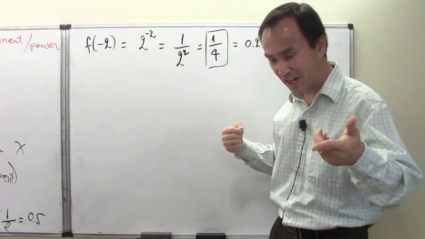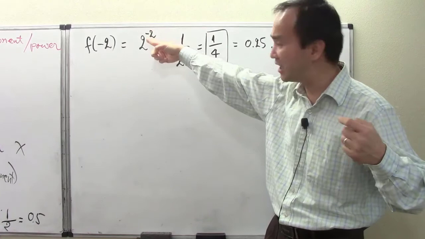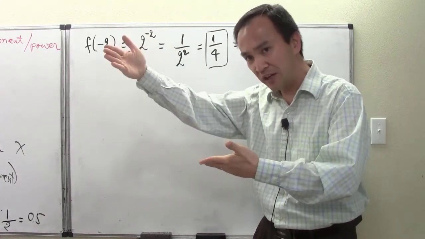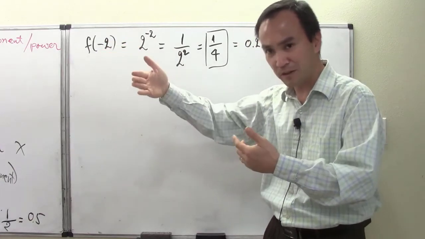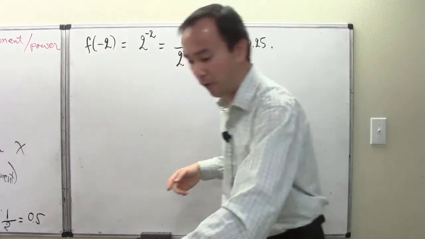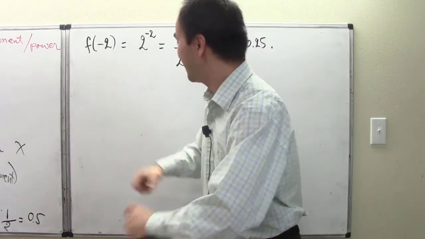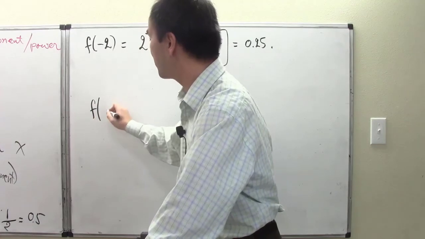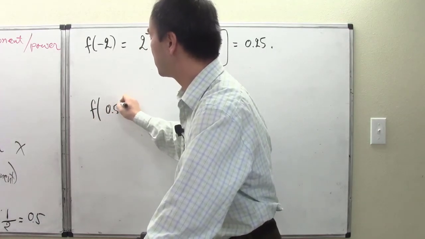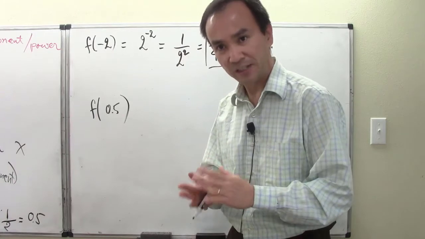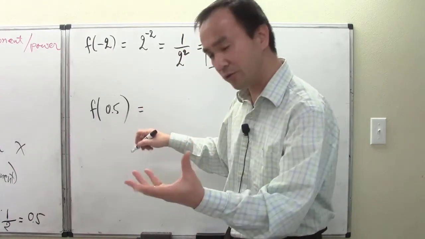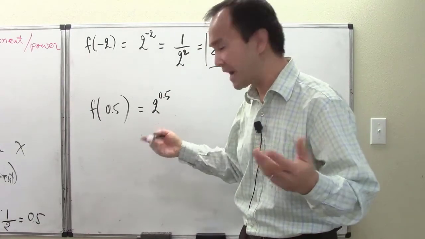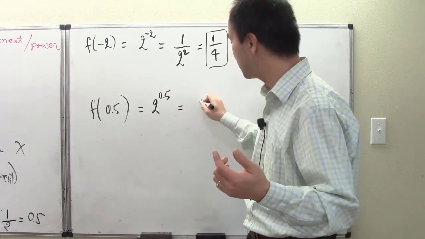But there will be times where we're going to learn to put in an input, a power input, that is a decimal. So for example, if we are asked to calculate the function value at 0.5, according to the rule, it means 2 to the 0.5 power. 0.5 is a 1/2, so it means 2 to the 1/2.